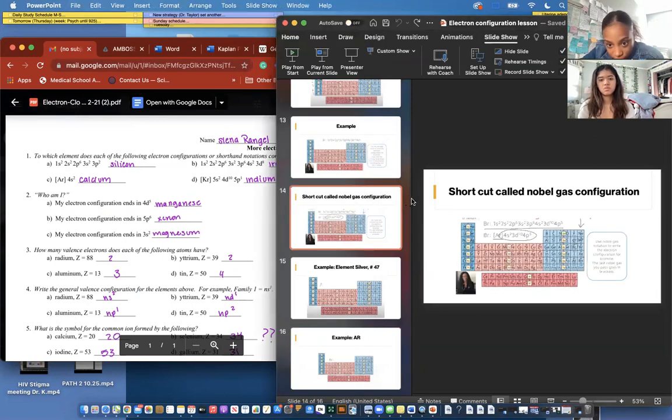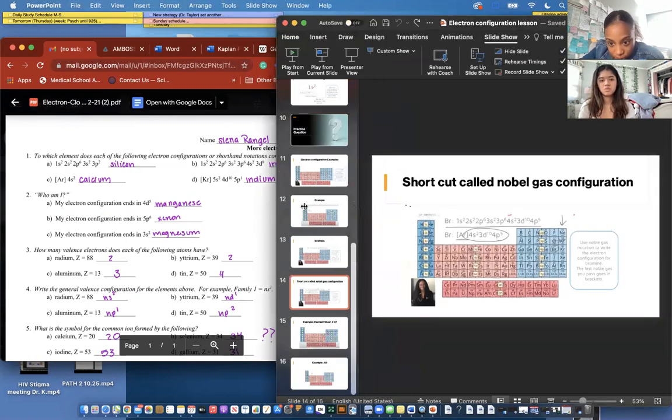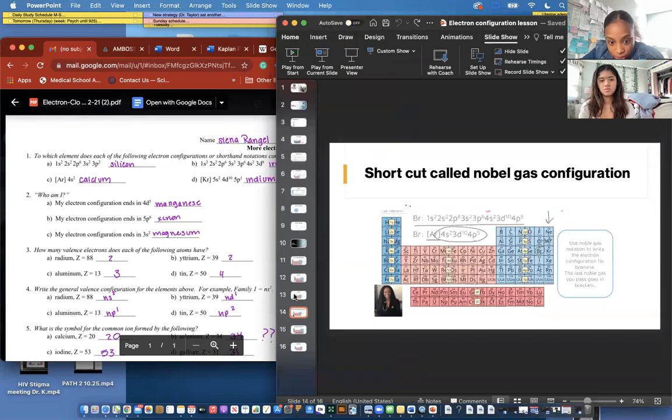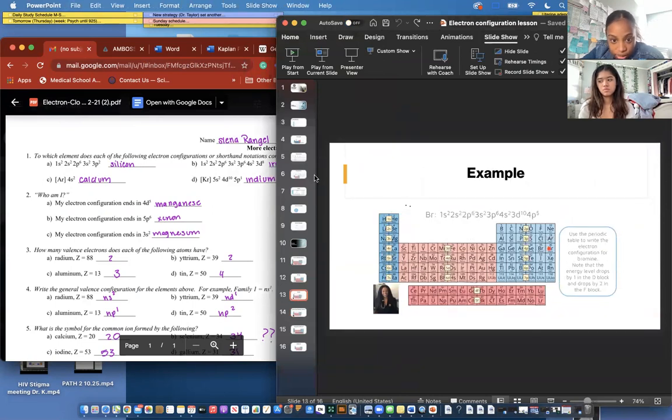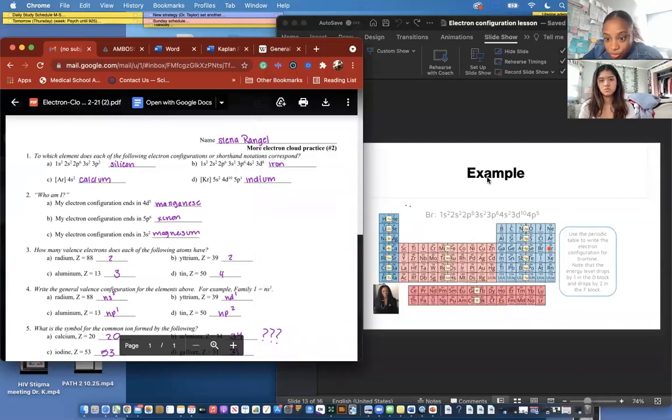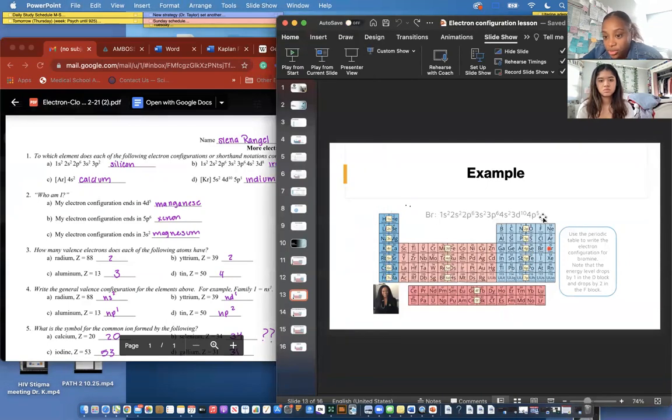Let's just say this is our periodic table. It's kind of the same thing, just doing it the opposite way. They're just telling you, what if I gave you all of this configuration? What element am I? You just have to follow that.